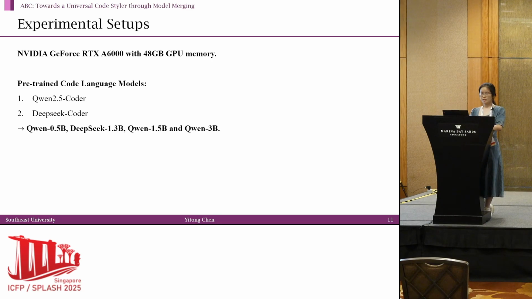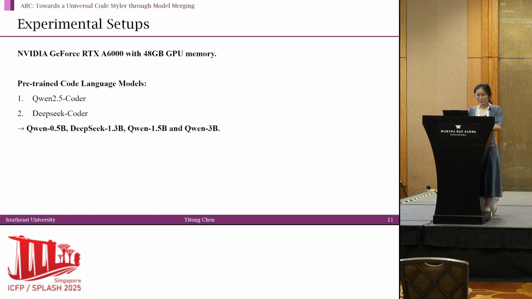We choose these 2 model families because they represent the best performing open source models for the code generation task. Because of memory constraints, we choose only the smallest variants of these models for our experiments.